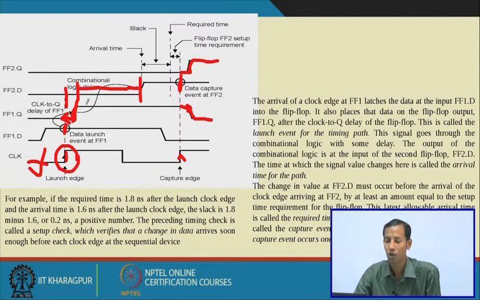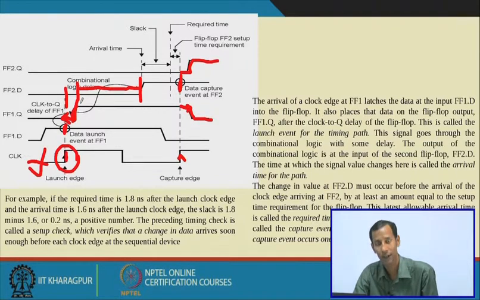Then the data processed by flip-flop 1 passes through a combinational circuit and becomes available as input to the second flip-flop. At this particular edge, which is known as the capture edge, the data is captured.